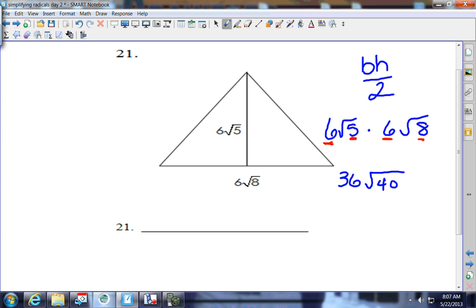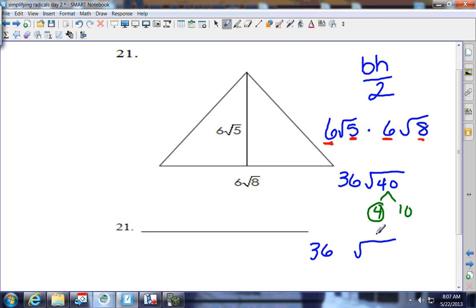So 40 will split up. You could see it this way, 4 and 10. Now, if you can see the perfect square from here, you can do this. See, because right now I've got 36. Which one of these is a perfect square? No. 36 is on the outside, y'all. Out of the green right here, the 4 is.